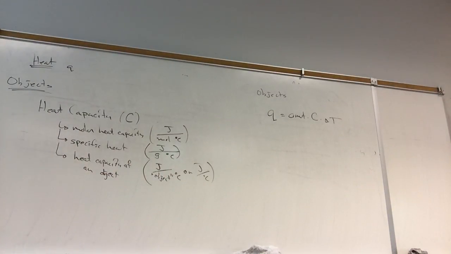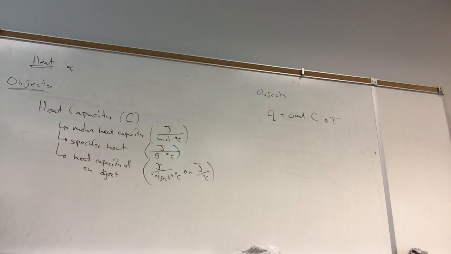Let's see some other heat capacities or specific heats in the table here so we can get a comparison. So these are specific heats, so these are going to be per gram. Joules per gram per degree C. And so what's the lowest, what's the highest specific heat that you see?